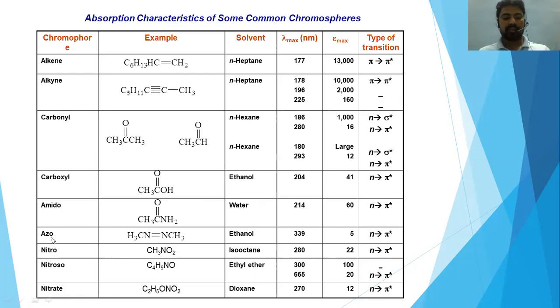Even in nitro compounds, nitroso compounds, and nitrate compounds, we can see different absorption wavelength values and absorption intensity values.